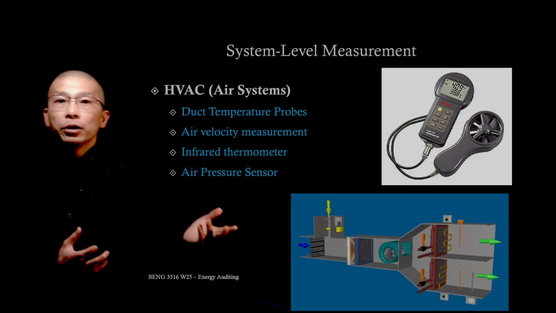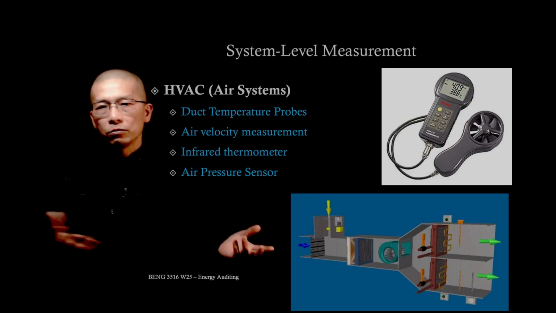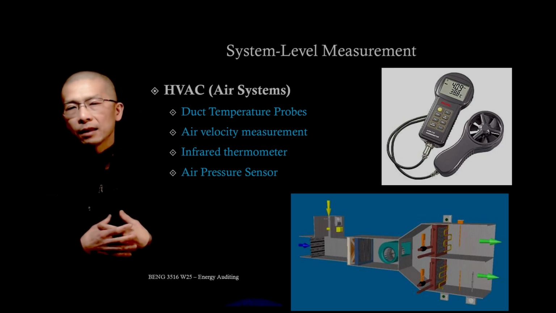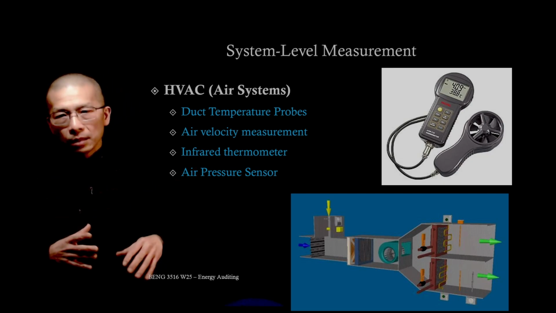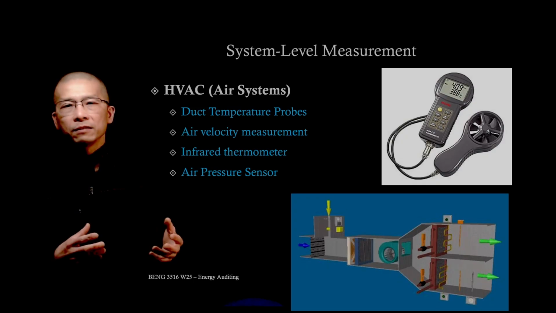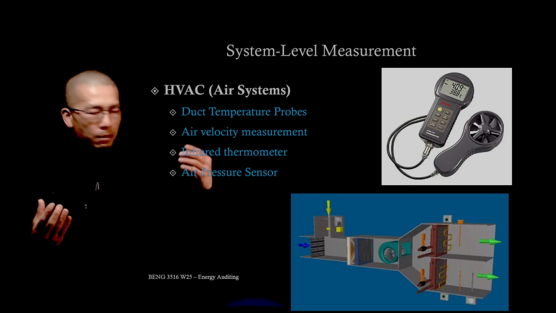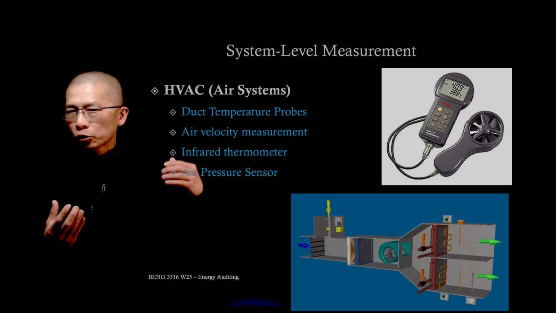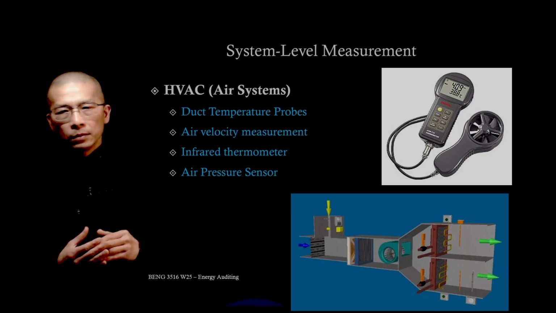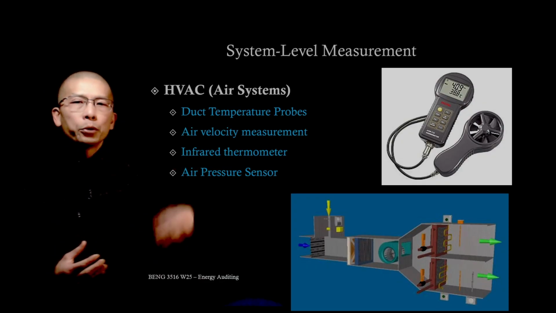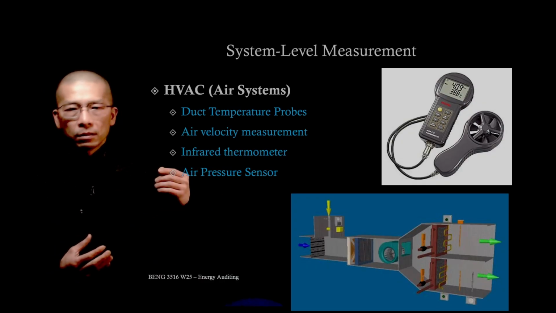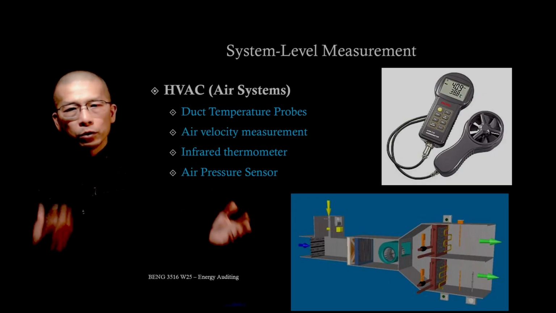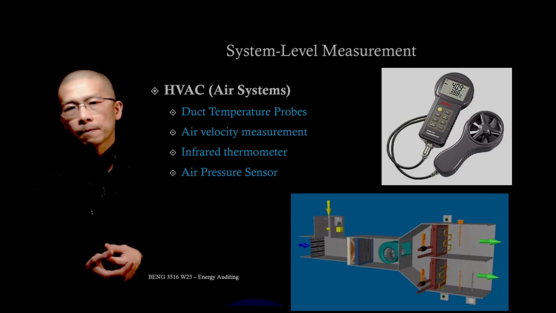Air pressure sensors are used to measure static and differential pressure within the system. Pressure measurement can identify if there's too much pressure drop or confirm the fan operation, the pressure relationship between the rooms, right?